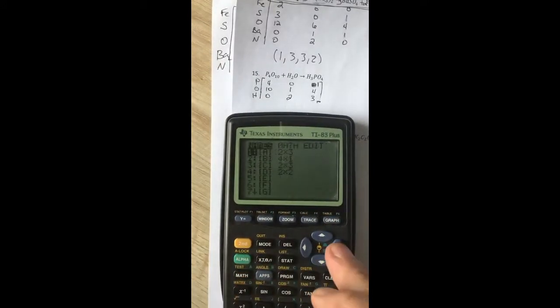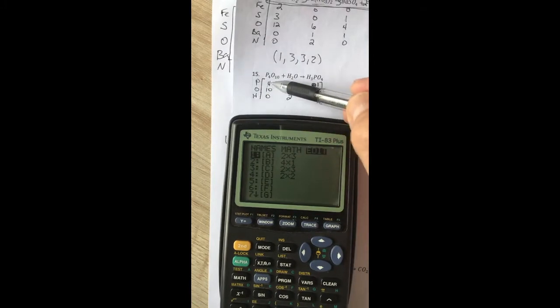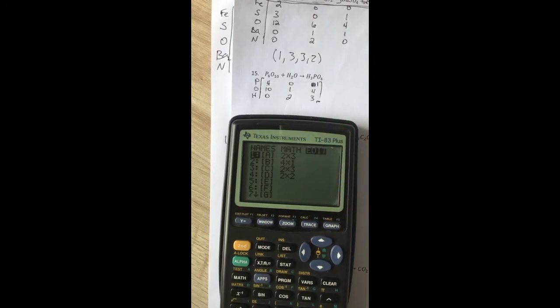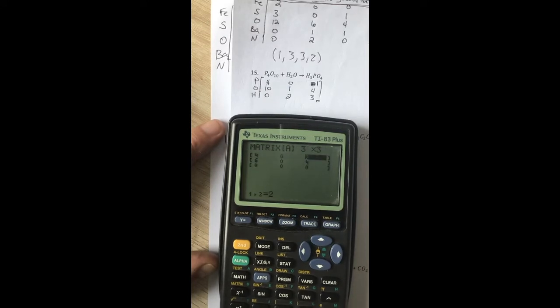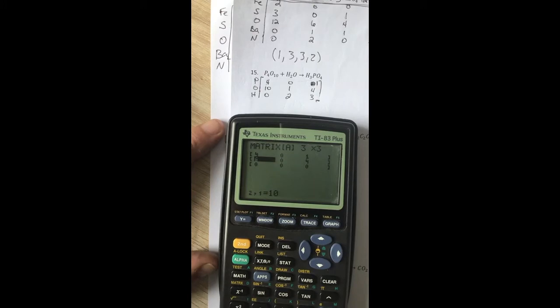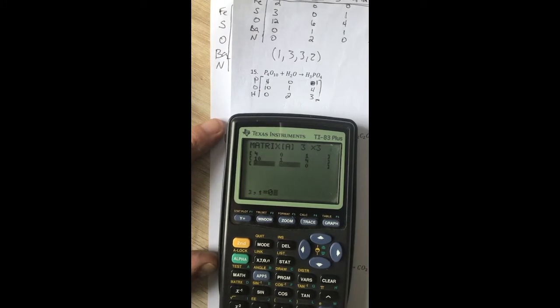Second matrix, edit. I have a 3 by 3. I may or may not need that extra set of zeros. On a 3 by 3, let's take a look and see what we have here: 4, 0, 1, 10, 1, 4, 0, 2, 3.